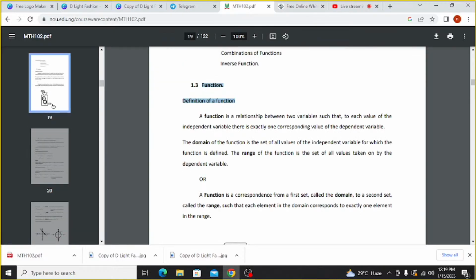Now, a function is a relationship between two variables.